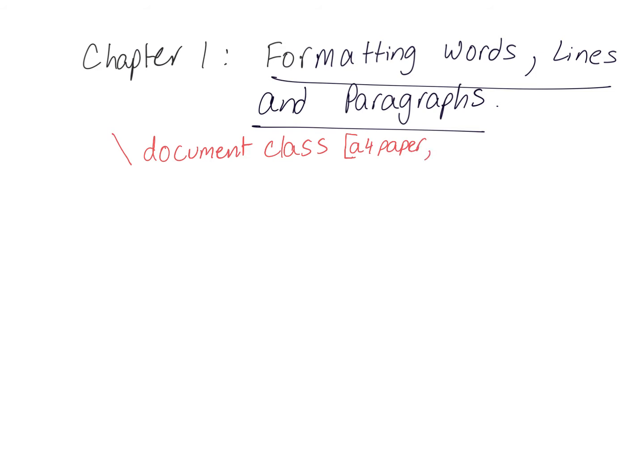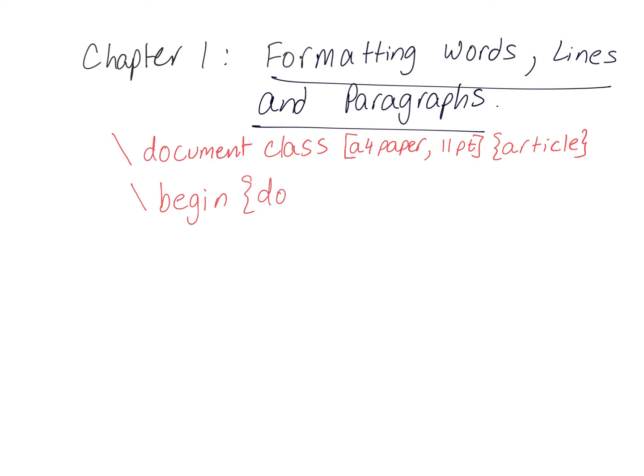And what size do you want your font to be? 11 point. You can make it bigger, you can make it smaller. And again, we had article. So between document class and article, we'll put our paper size and the font size in between it.